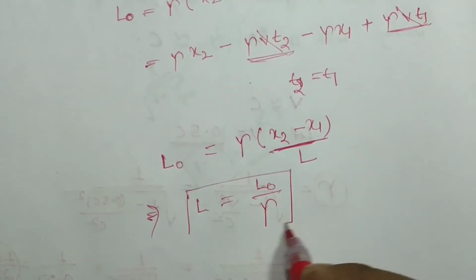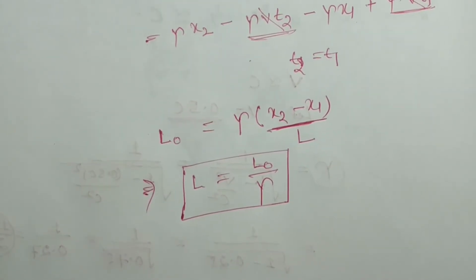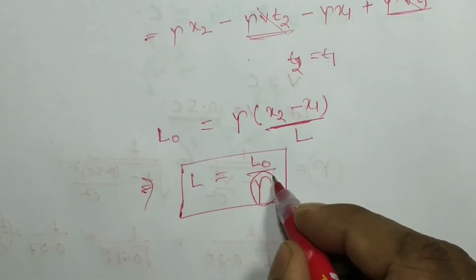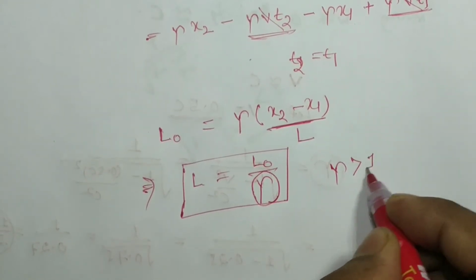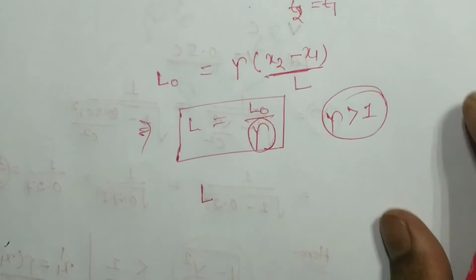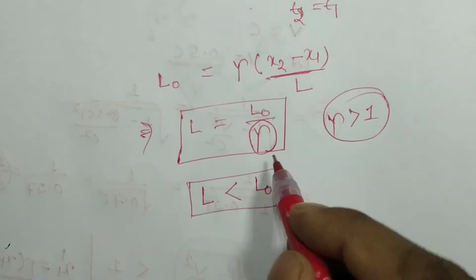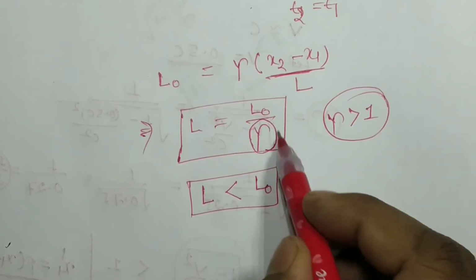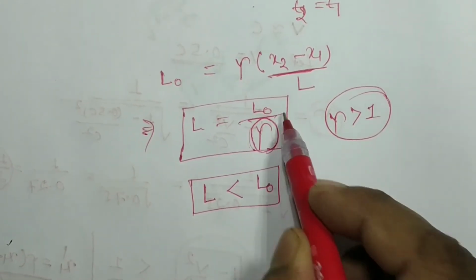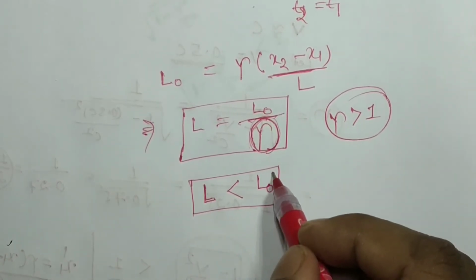In the beginning of our discussion, I told you that gamma is always greater than 1. Hence L will be less than L0, because a factor greater than 1 is in the denominator. So L is less than L0.